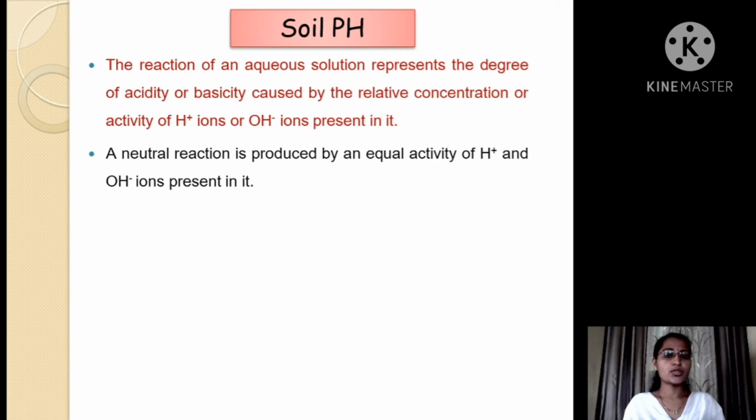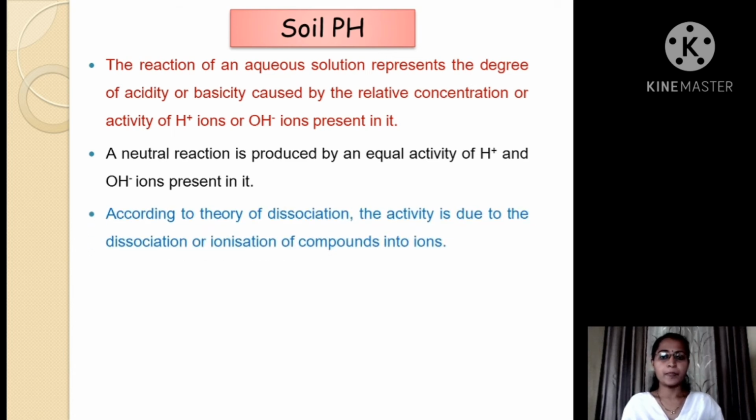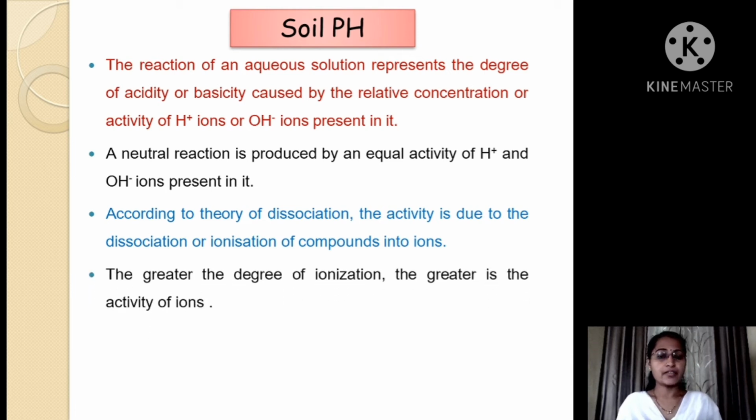The neutral reaction is produced by an equal activity of H+ and OH− ions. According to the theory of dissociation, the activity is due to the dissociation or ionization of compounds into ions. Greater the degree of ionization, greater is the activity of ions.